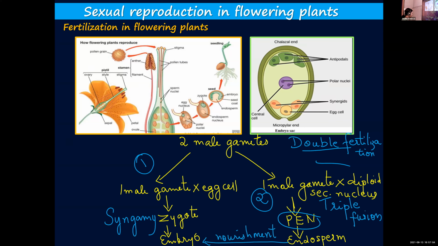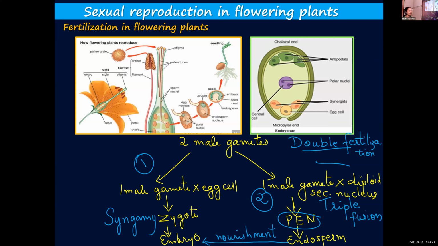Have you understood, children? Each pollen grain is having two male gametes. One male gamete out of two will fuse with the female gamete or egg cell. This fusion, which you call fertilization, is syngamy. As a result of syngamy, zygote is formed, and the zygote will develop into embryo.